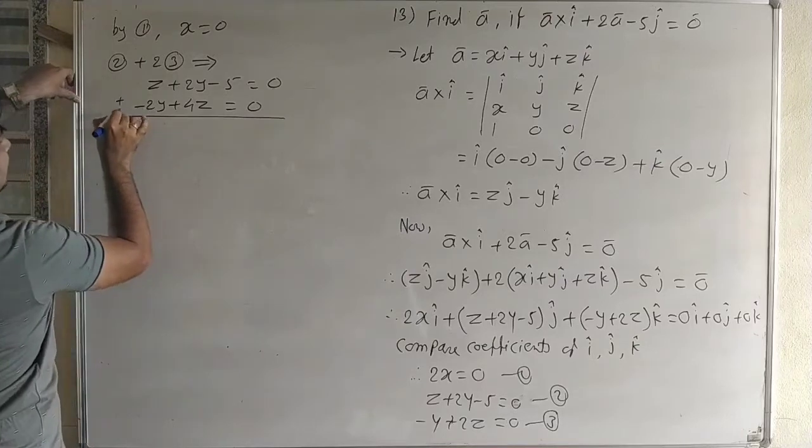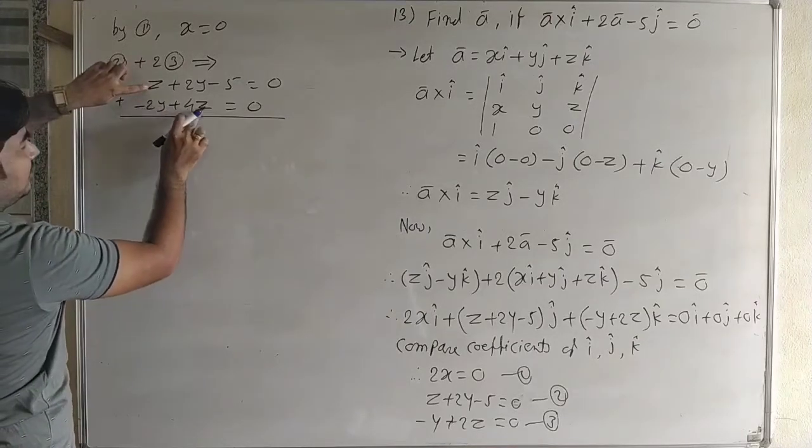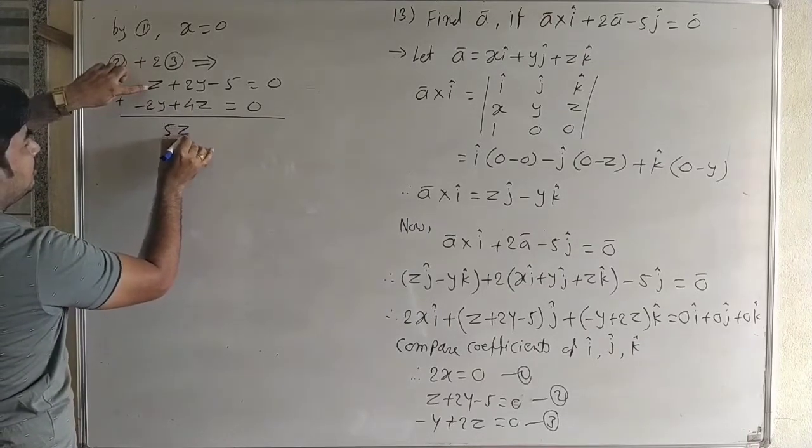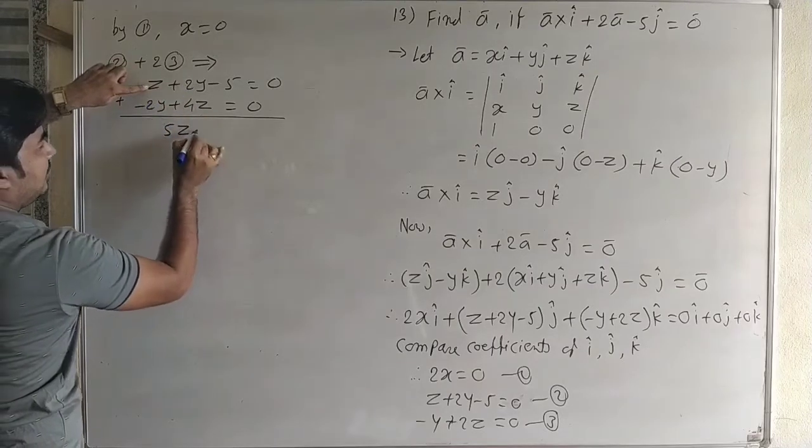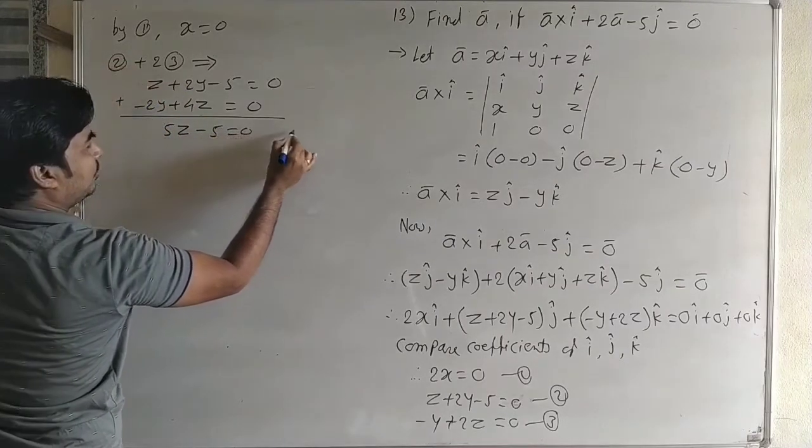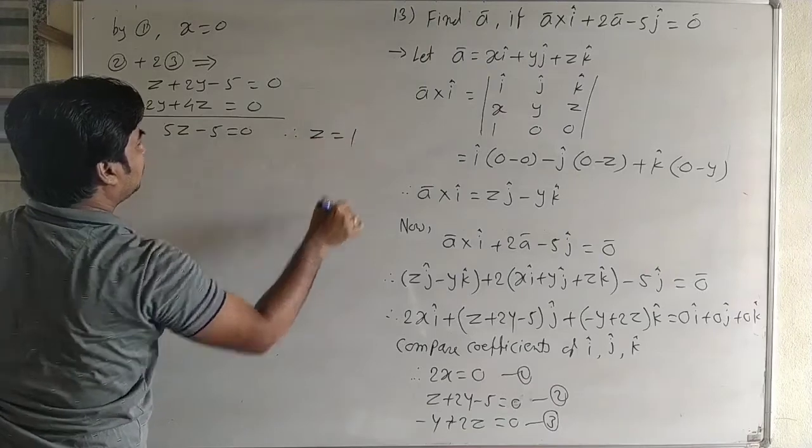Here it is z and 4z, it is 5z, 2y gets cancelled, minus 5 is equal to 0, and therefore z is equal to 1.